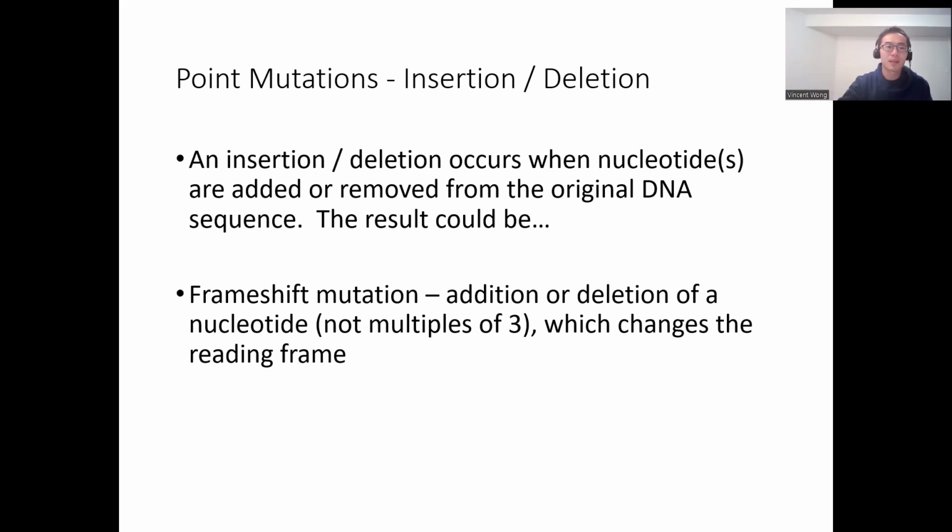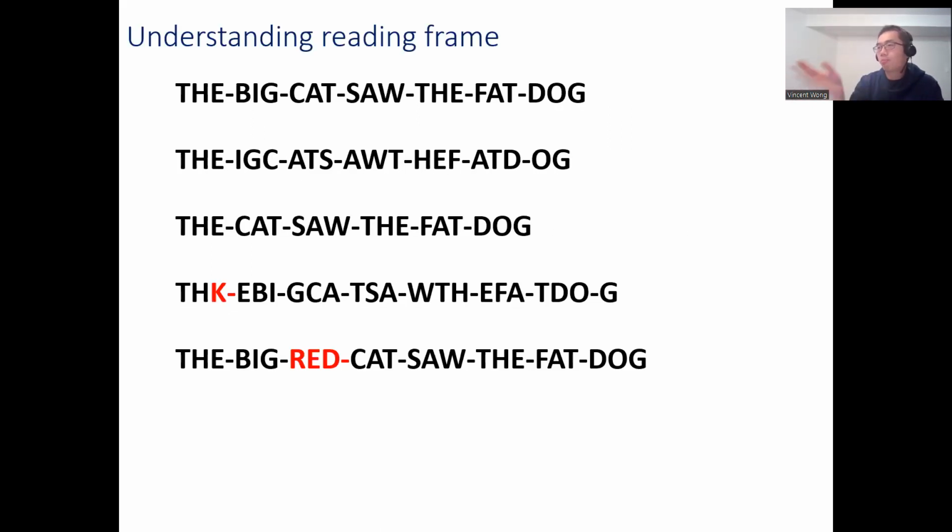Just watch. Let's say we can only read sentences 3 letters at a time. That's the limitation. So let's read the first sentence. No problem. The big cat saw the fat dog. The sentence makes sense. I am reading 3 letters at a time.